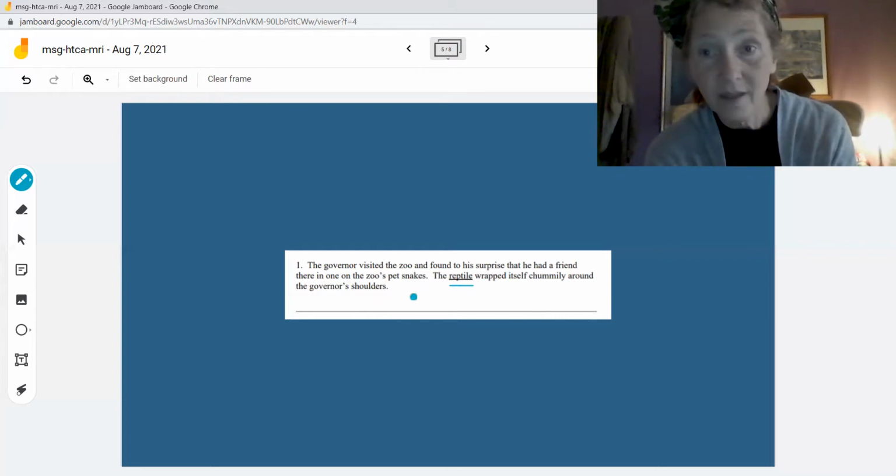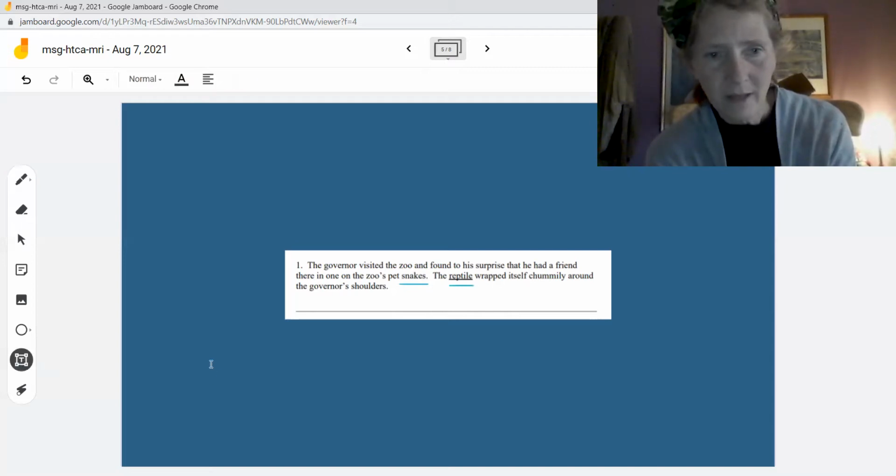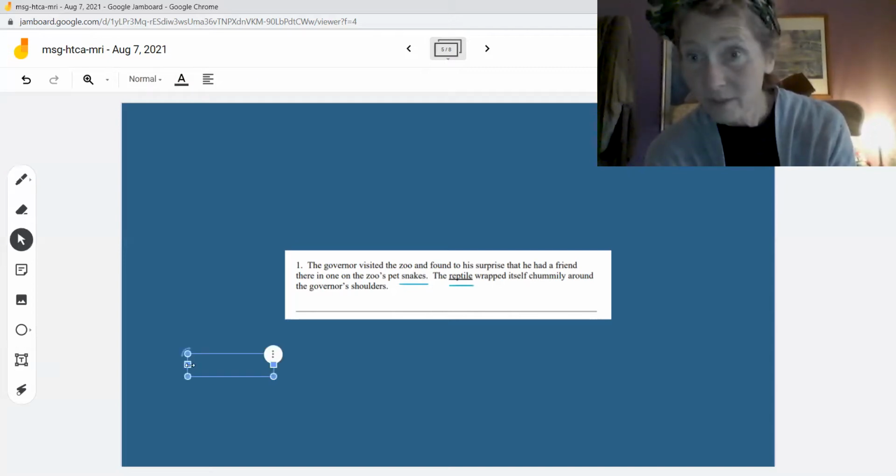So we know that the governor is at a zoo. So they tend to keep animals in zoos. And it tells you he's there looking at pet snakes. So reptile is referring to the snake. So if we had to define reptile, we could say a reptile is an animal. We know this because it's in a zoo.